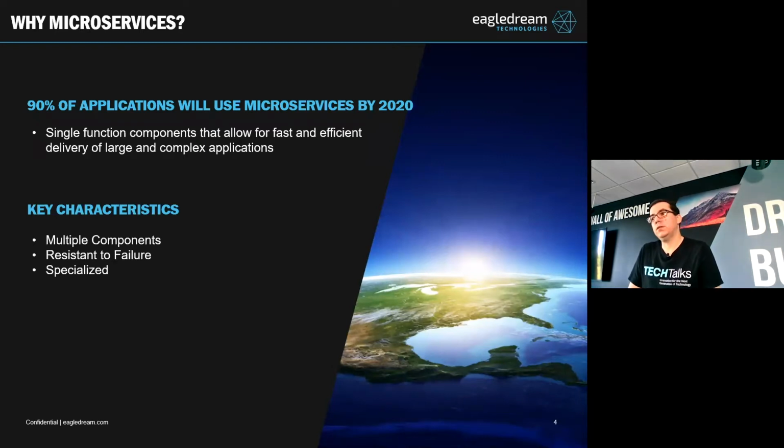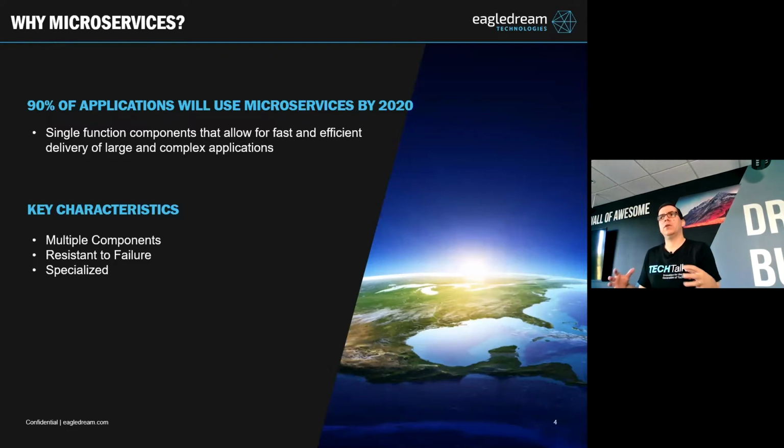Some of the key features and characteristics: you can have multiple components that all work together for your application. It's resistant to failure, because a certain area of the application can go down and it's not going to take down your entire application, like a lot of times happens with a monolith app, where if a section of your application goes down, the entire thing goes down.